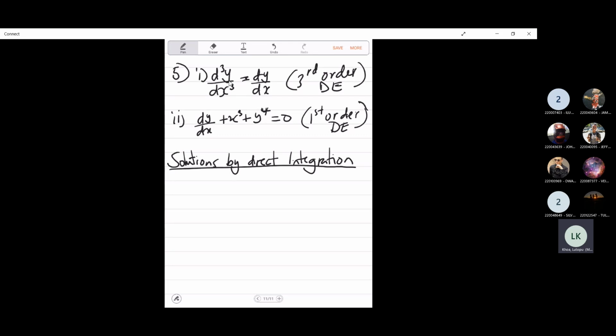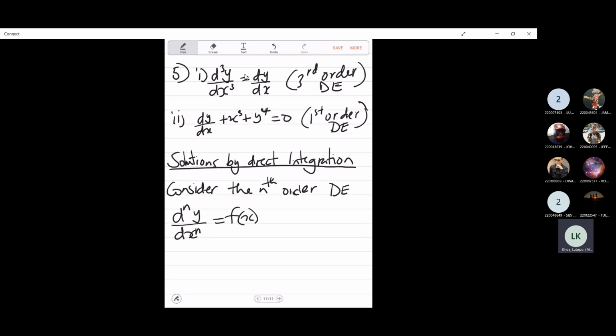Okay, so here is, if you consider the nth order differential equation, d^n y/dx^n is equal to f of x.